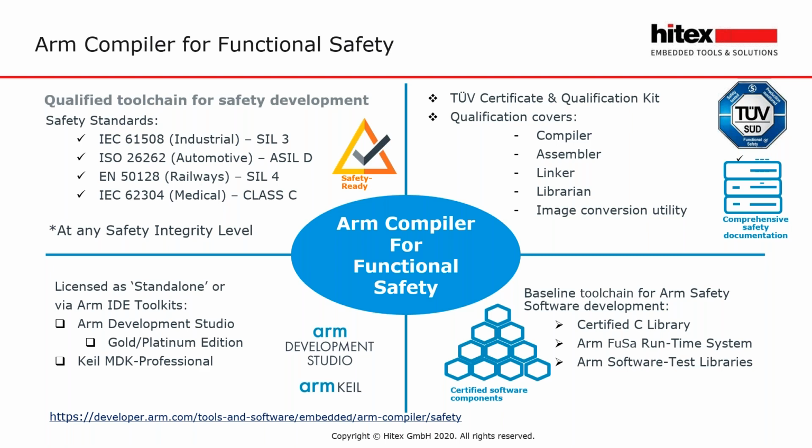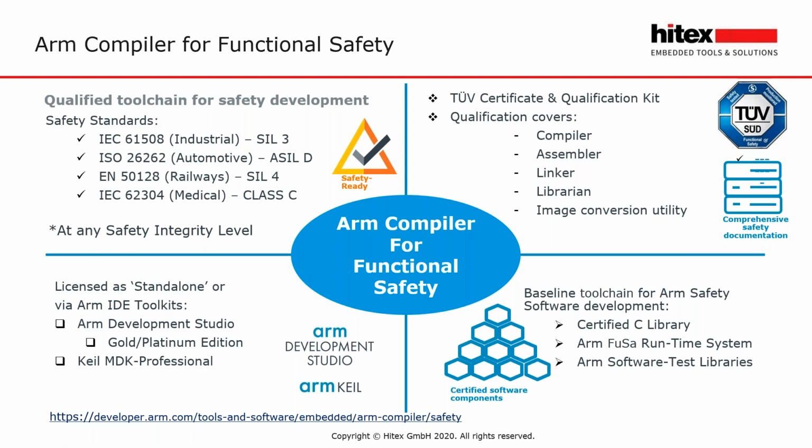So this compiler now provides a baseline for the other certified components. Sitting on top of the compiler, we have a certified C library, the functional safety runtime system, and there are also software test libraries that are available as well. And the certification for all of these additional components relies on you using the ARM compiler. So the two sit together.